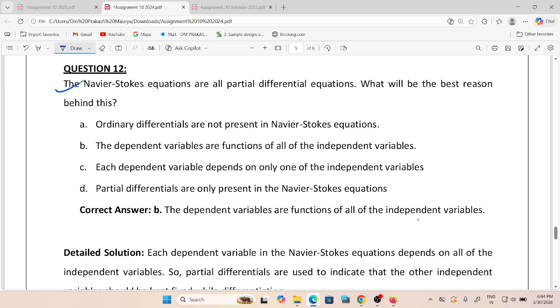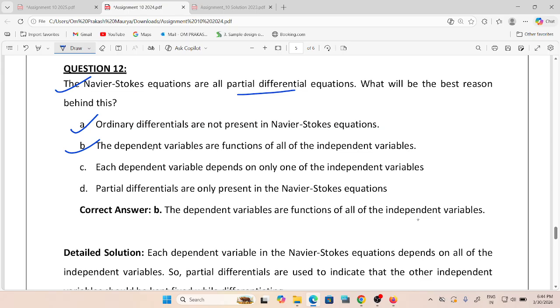The Navier-Stokes equations are all partial differential equations. What will be the best reason behind this? Option A, ordinary differentials are not present in Navier-Stokes equations.